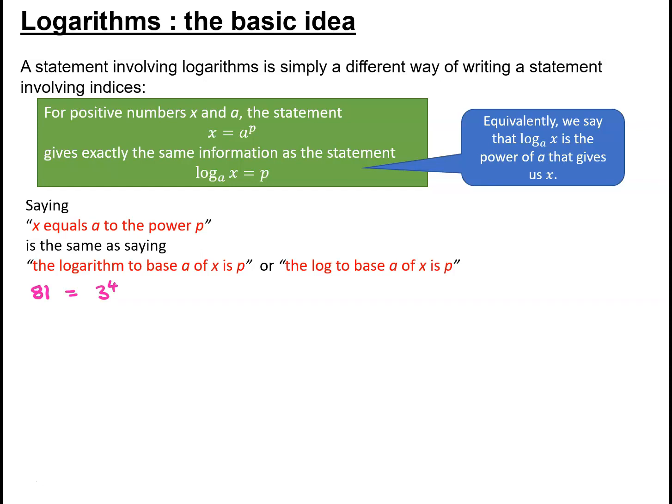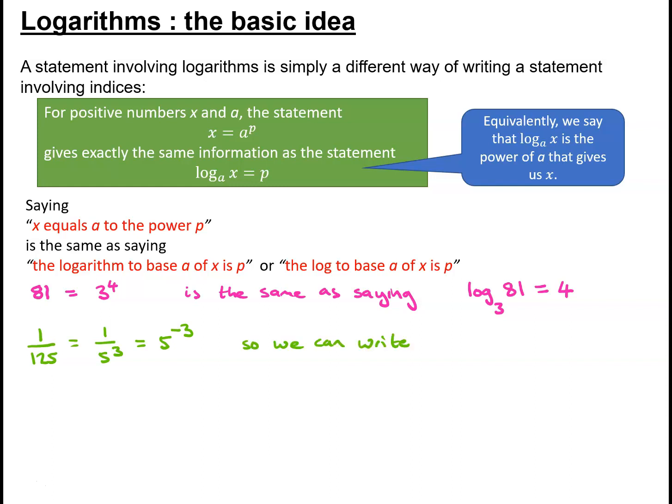So the fact that we know that 81 is the same thing as 3 to the power 4 means that I can say that log to base 3 of 81 is equal to 4. The fact that 1/125th is the same thing as 1 over 5 cubed, which is 5 to the minus 3, can be written as log to base 5 of 1/125th is minus 3.